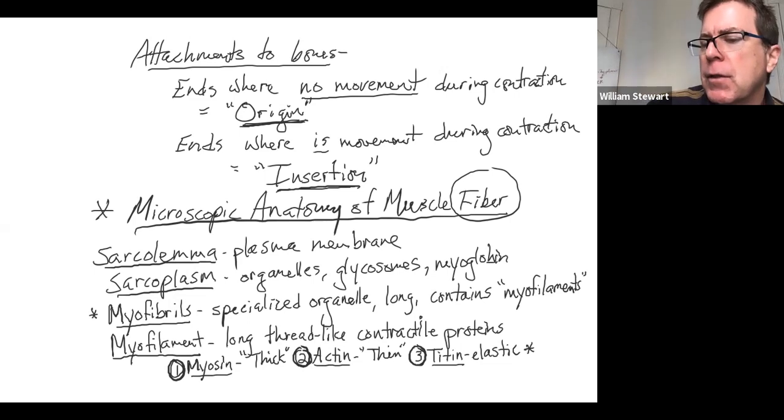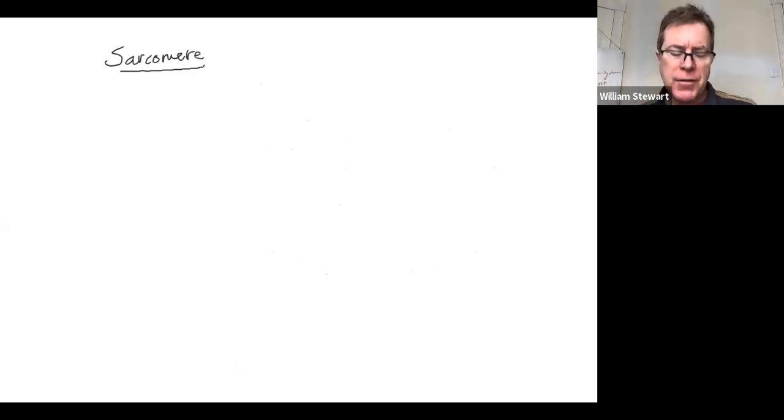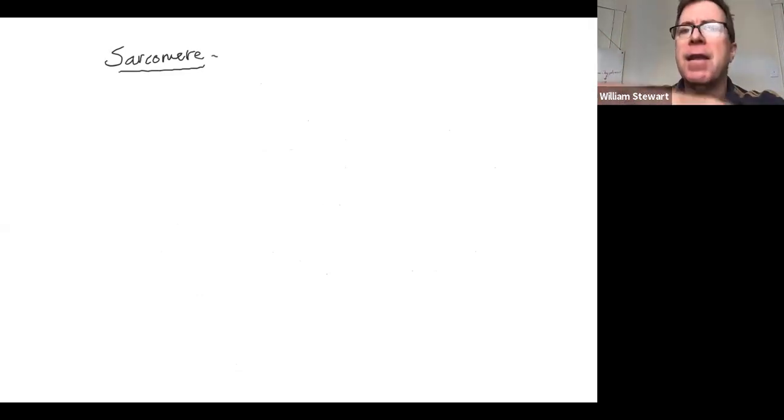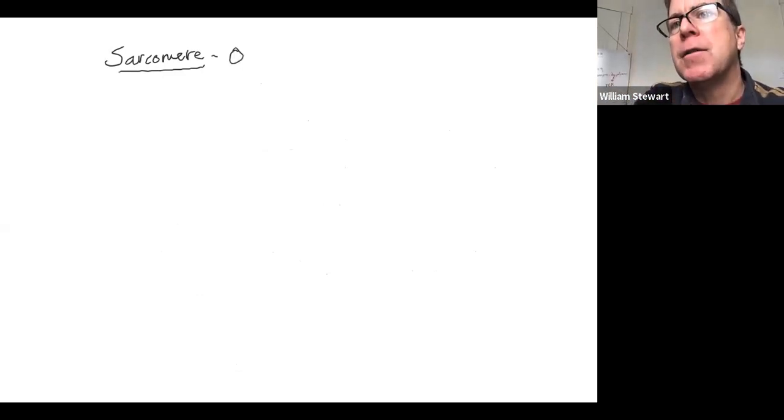All right, let's continue our glossary. So we've done sarcolemma, sarcoplasm, myofibril, myofilament. The next term is sarcomere. I'll define this term and refer to it later. This word basically refers to one contractile unit within a myofibril. I'll write this one out.